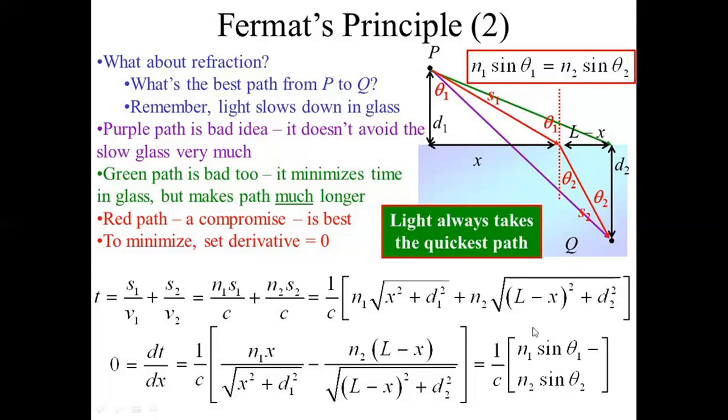So from the equation we can write 1 by c times n1 sine theta 1 minus n2 sine theta 2, and since the left hand side is 0, we can write n1 sine theta 1 is equal to n2 sine theta 2.